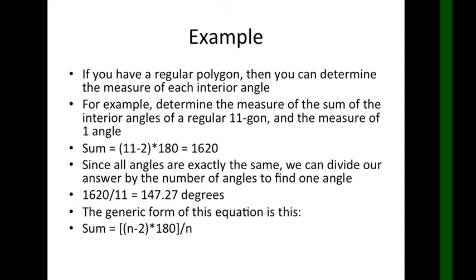Since all angles are exactly the same, we can divide our answer by the number of angles to find one angle. So 1,620 divided by 11, because all the angles are the same size. The answer is 147.27 degrees. The generic form of this equation is: one angle equals (n minus 2) times 180 divided by n.